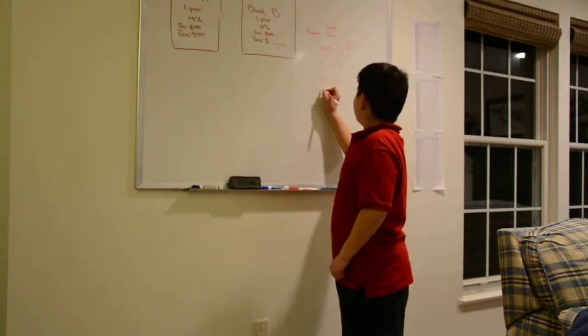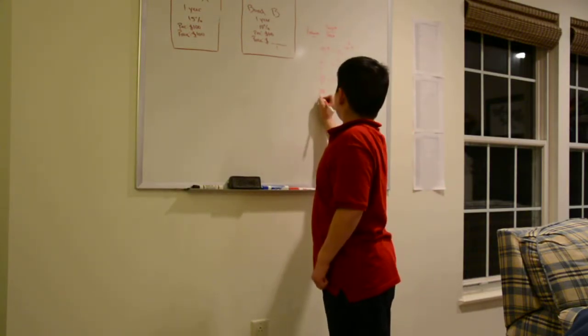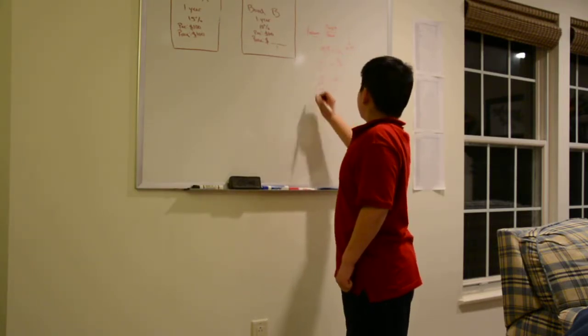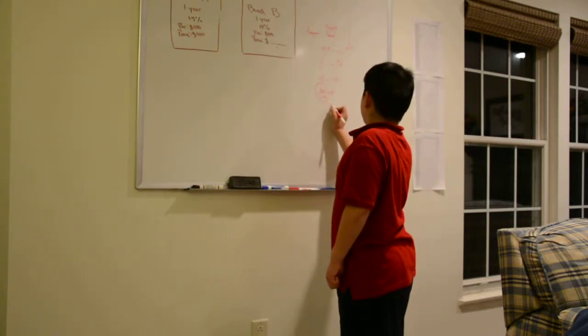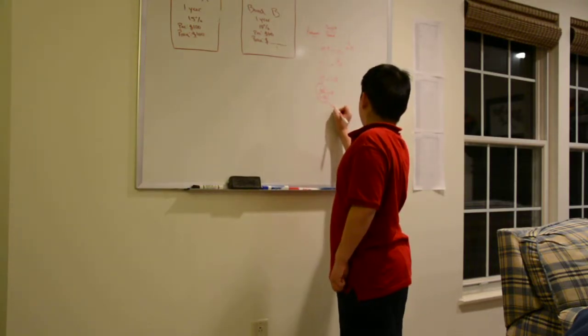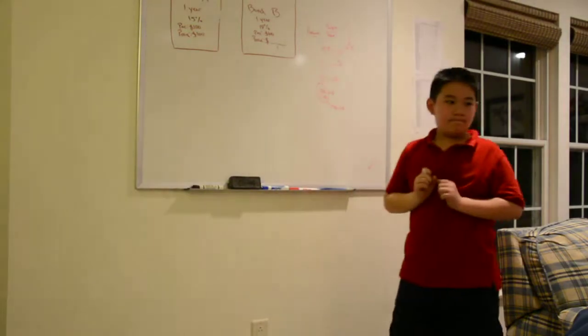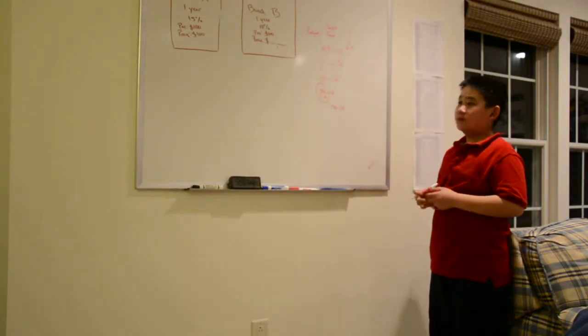So that means that 110 divided by 1.15 equals P. So the solution to this equals 95.65. Okay, so it was higher than $95. So 95 was too cheap.